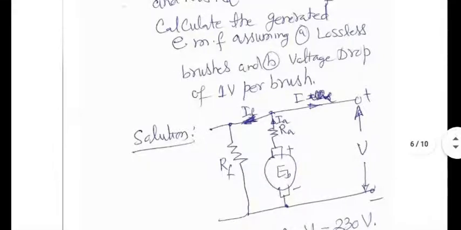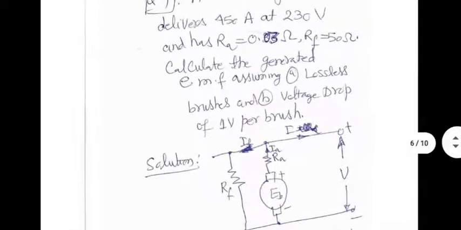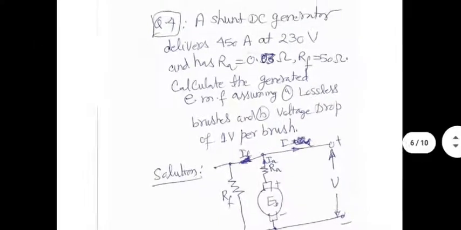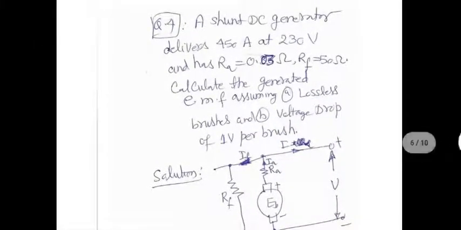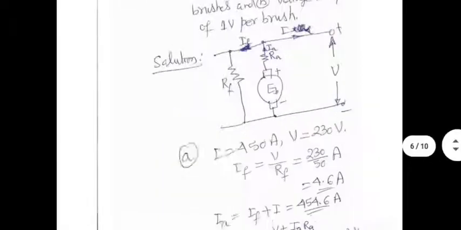Values of RA and RF are given to us. V is also given as 230 volt. I is also given as 450 amperes. Our job is to calculate EMF.